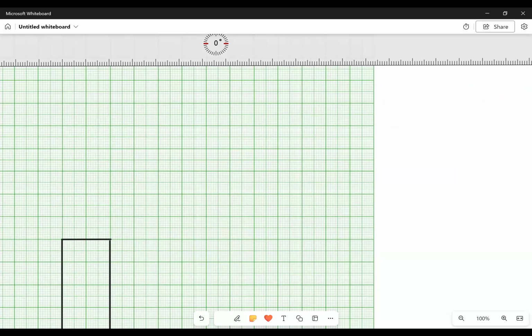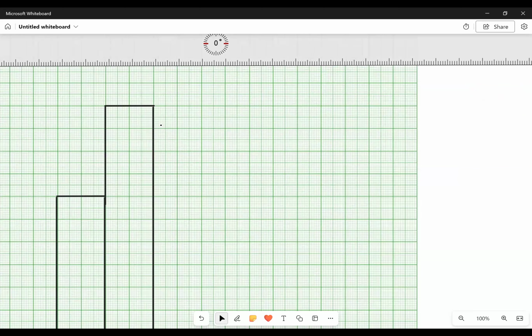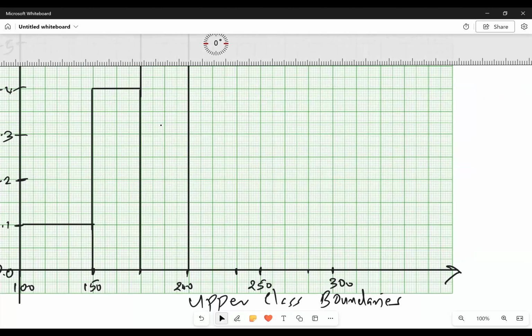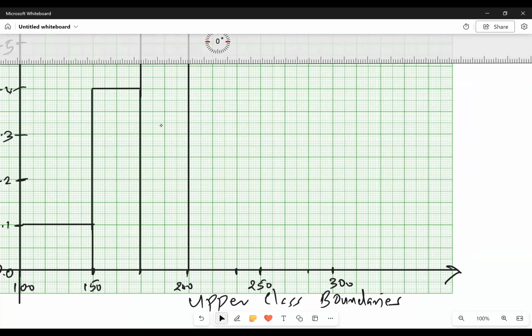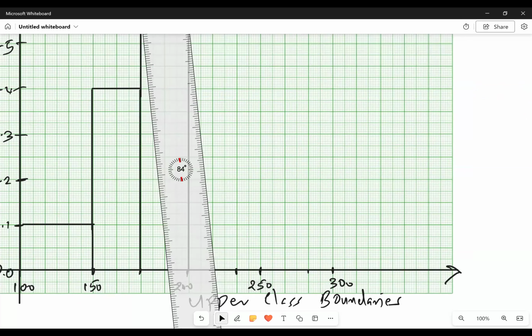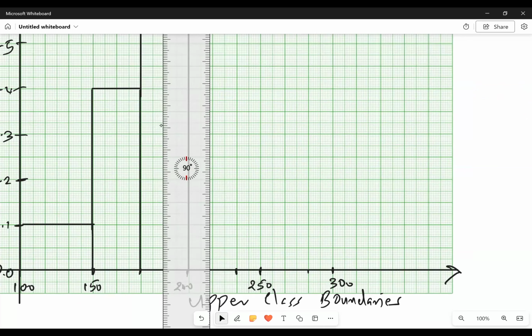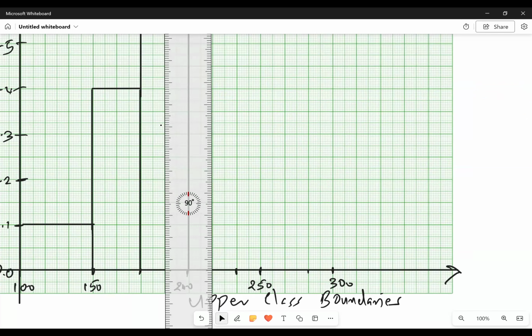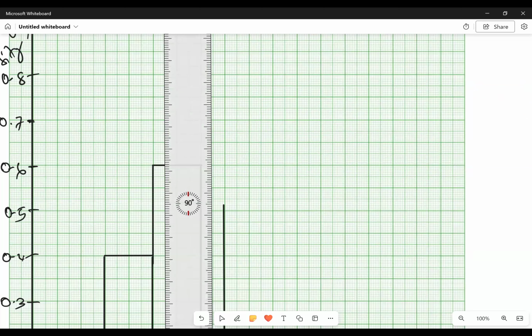I come back here. I look for the 220. 220, where could you be? I think you're around here. I believe so. So I draw my bar like that, and I'm targeting the 1.2 just up here.